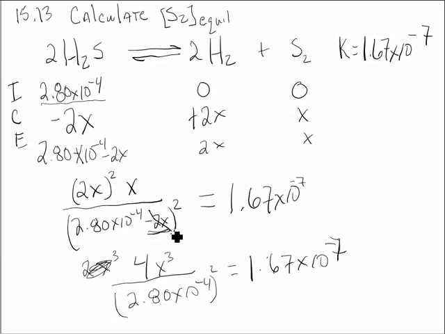So we're making the approximation that that's small. It's small compared to this 2.8. Now I don't know if that's true because, like I said, it's very small. But we finish the algebra now.